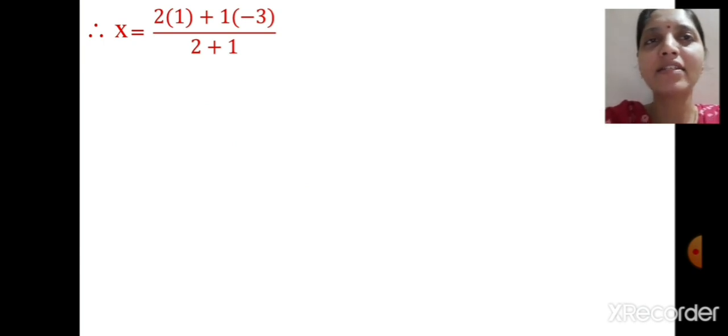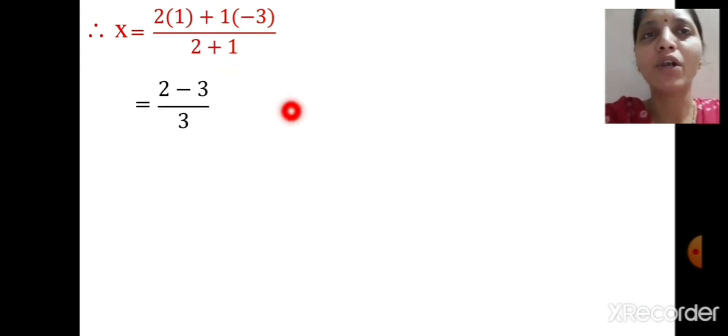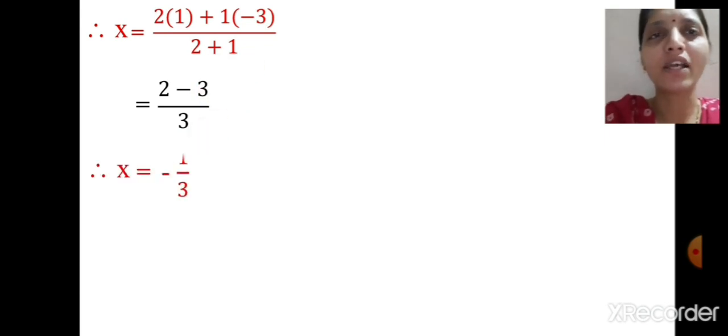You will get x is equal to (2 into 1 plus 1 into minus 3) upon (2 plus 1). Therefore, x is equal to 2 minus 3 upon 3. So that is equal to minus 1 upon 3. So that will be your x coordinate.